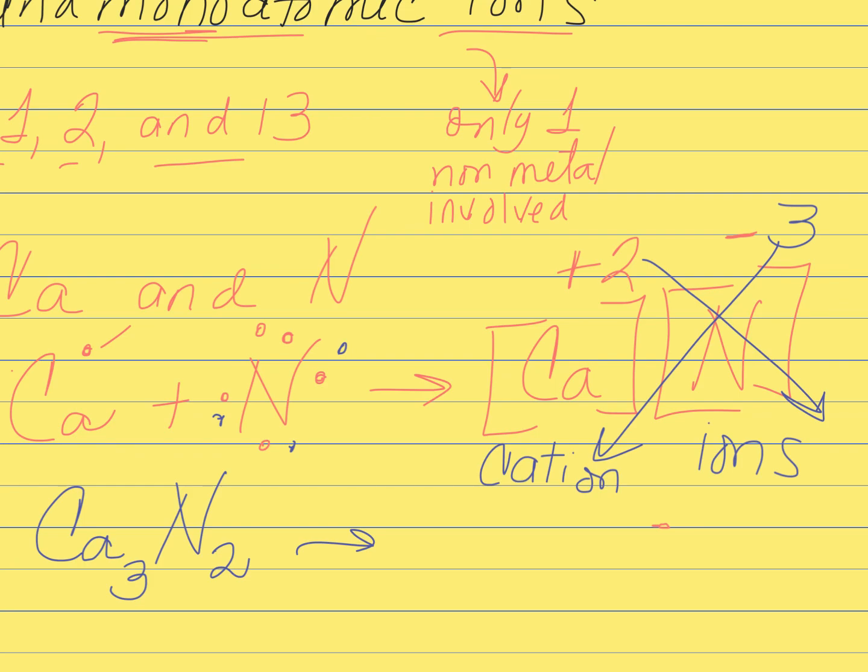The cation never changes the name, so it's gonna be calcium. The anion, which is the nitrogen, you are gonna drop the ending of the element's name, and then you're gonna add IDE. You already learned about that. The first type of ionic compound.